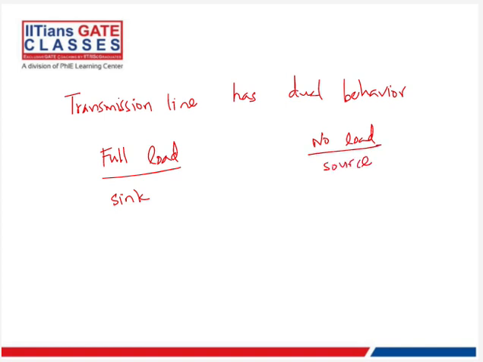So you see the behavior: as the load increases from no load to full load, the transmission line changes from a source of reactive power to a sink of reactive power. Is that clear?